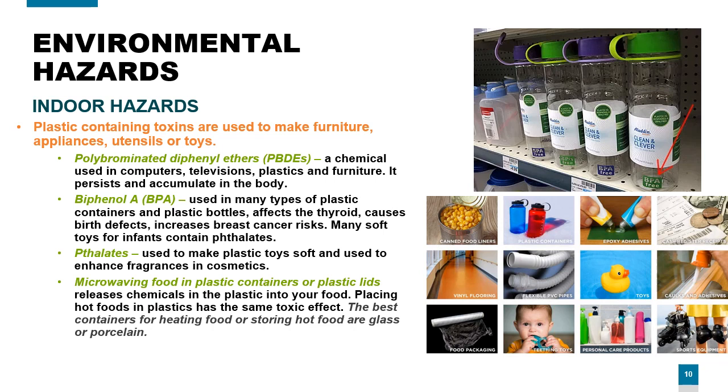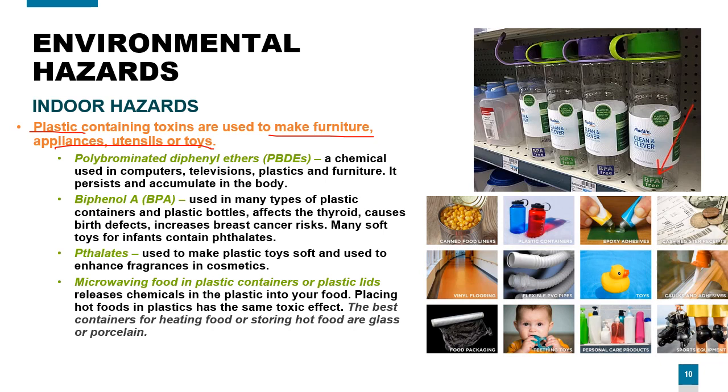Okay? So we have here another indoor hazard. We have here plastic, di ba? Plastic containing toxins are used to make furniture, appliances, and utensils or toys. Di ba? Napakaraming mga products made out of plastic. We have containers, we have yung mga tumbler natin, and so on and so forth.